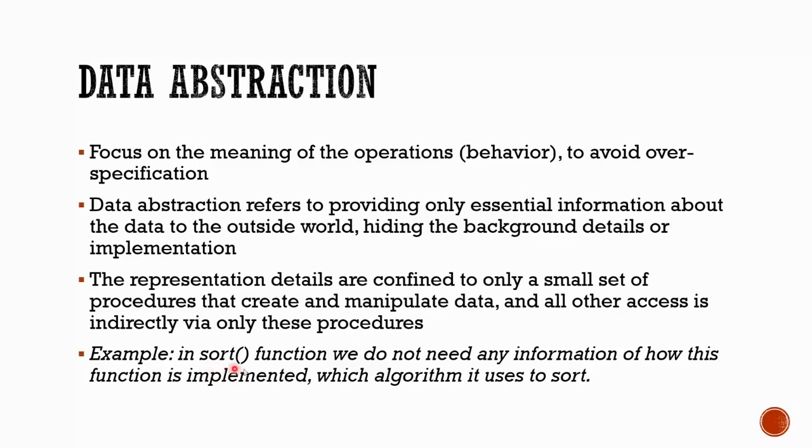For example, a sort function. We do not need any information about how this function is implemented, which algorithm it uses to sort, or maybe it uses some other background services. All we need to know is just what that method does.